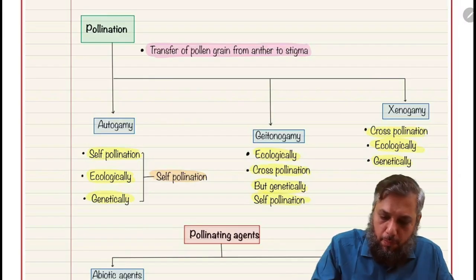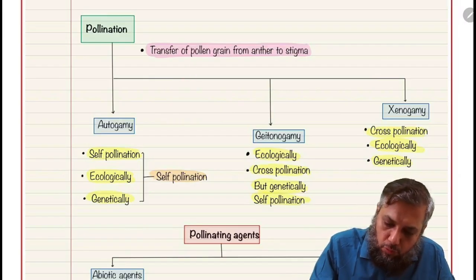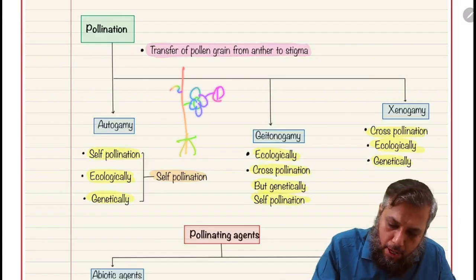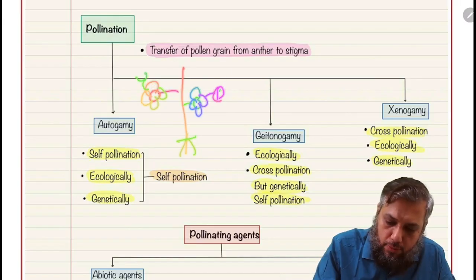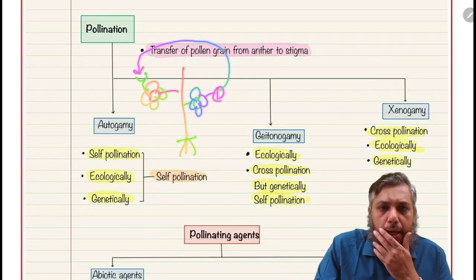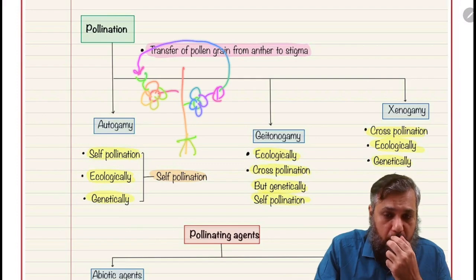Then, if you observe this second type, I have one plant and now I'm showing two flowers, but on the same plant. And there's a transfer of pollen grains from the anther to the stigma of another flower, but belonging to the same plant.